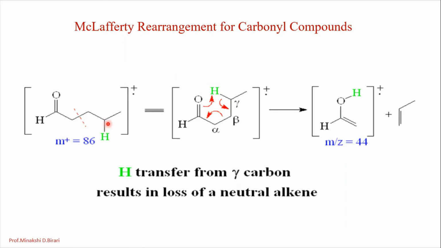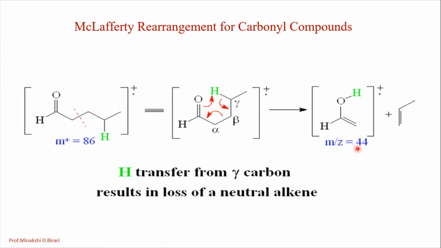So alpha, beta and gamma hydrogen. This gamma hydrogen can show the transfer towards the heteroatom, and there is a formation of a six-member transition state, and further formation of fragments. Here the molecular ion can show the peak at mass to charge ratio 86, and after that the formation of such a radical cation, the enol radical cation, can show the peak at mass to charge ratio 44.